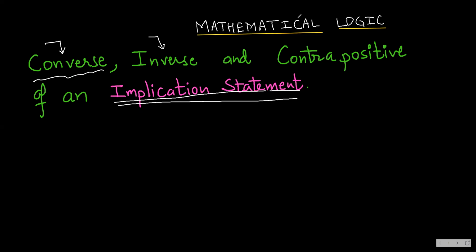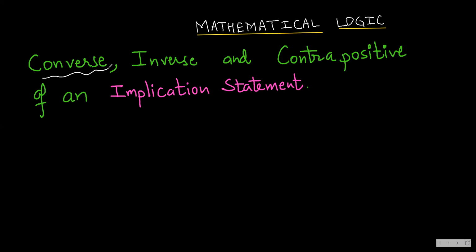So these three statements, converse, inverse, and contrapositive, are only the outcomes of an implication statement. So let us begin with this very important, but at the same time, very simple concept.